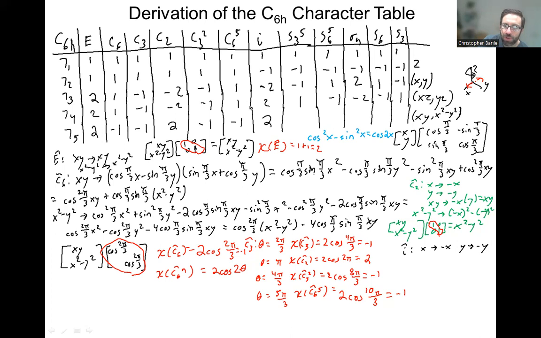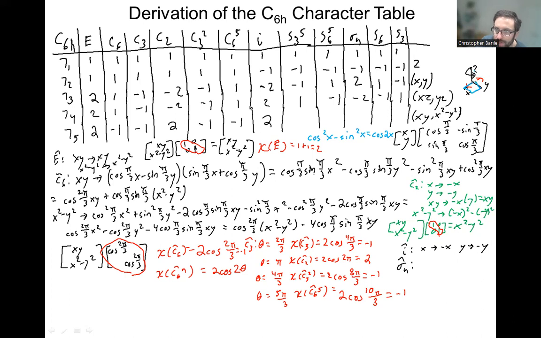And then for these improper rotation axes, we can just work through it. So I'll do it over here. We have S3 to the 5. Let's actually first do sigma h. This will save us some thinking. So let's do sigma h over here. Remember, the sigma h is in the xy plane.